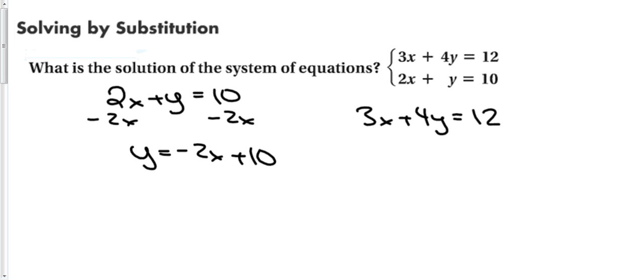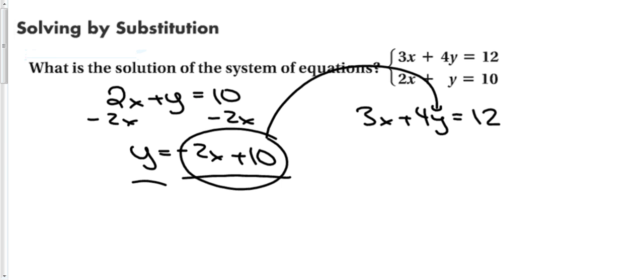I'm going to replace y with something having to do with x, because I can't solve an equation with two letters. I have to get rid of one of the letters, and I can do that by substituting negative 2x plus 10 for y, because they're equal to the same thing. So I can take this value and plug it in for y right there.